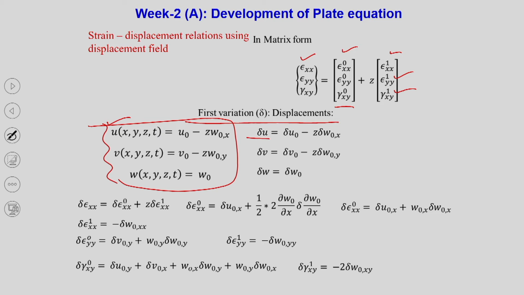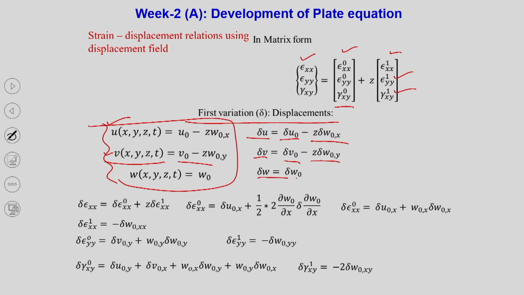Del u will be del u naught minus z times del w comma x. Similarly, what is my virtual displacement, or the first variation along the y direction? Del v naught minus z del w comma y.